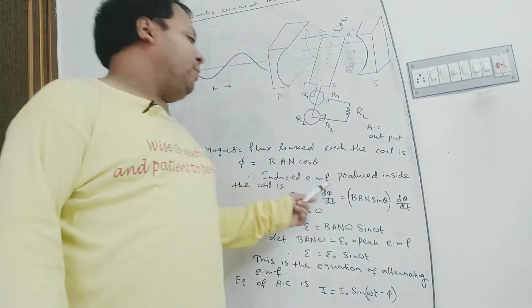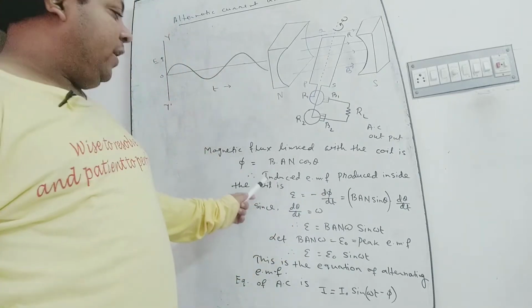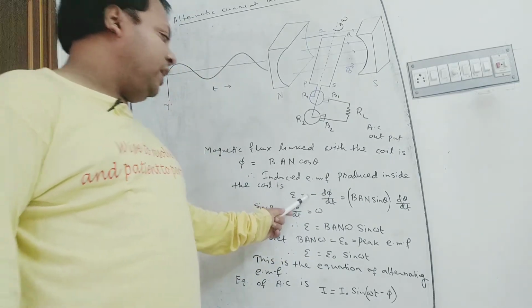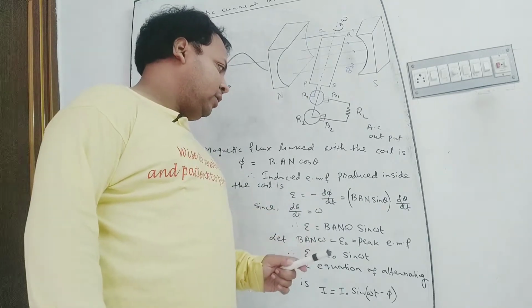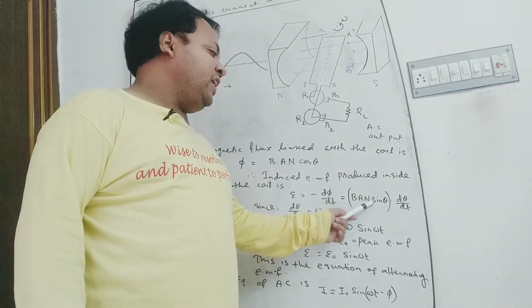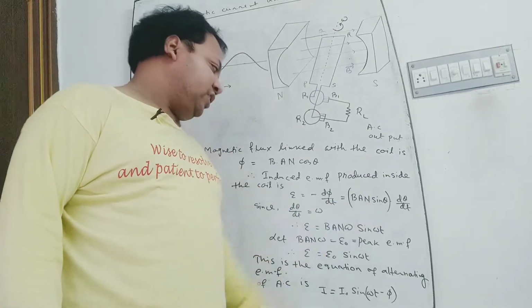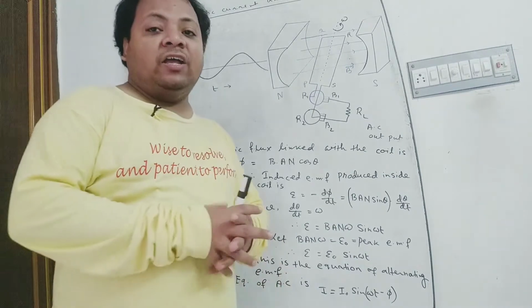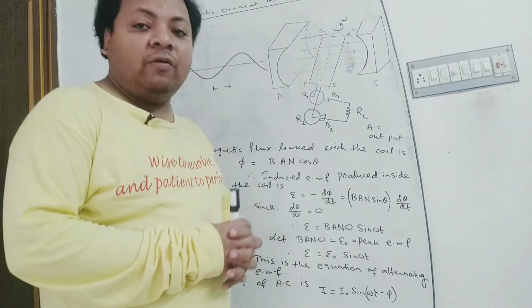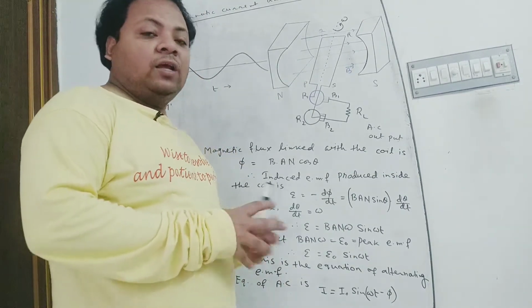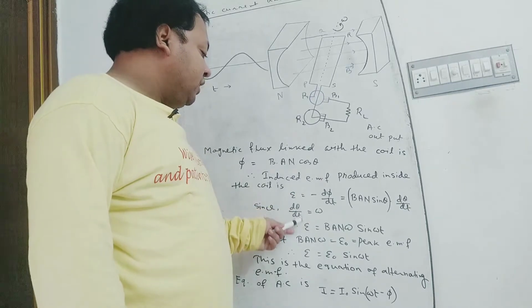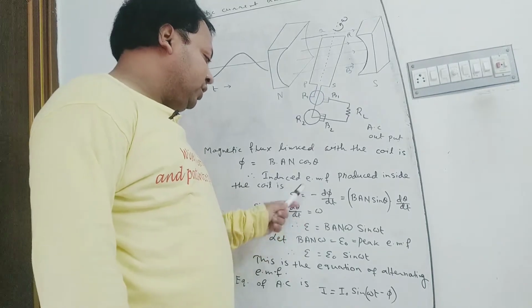Now the induced EMF produced inside the coil, epsilon, is equal to minus d phi by dt. This gives BAN sin theta d theta by dt. We know that omega, the angular frequency of the coil, is equal to d theta by dt.